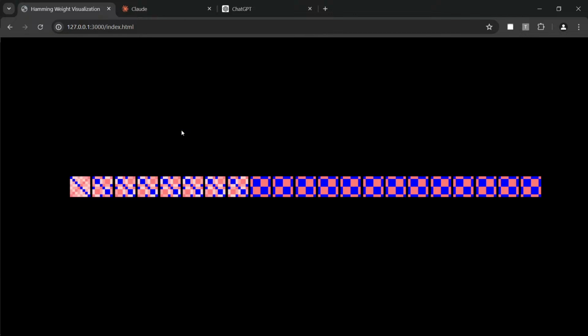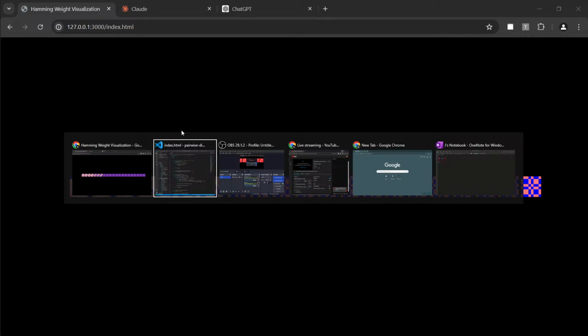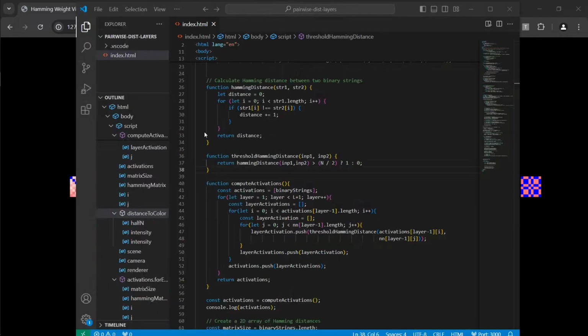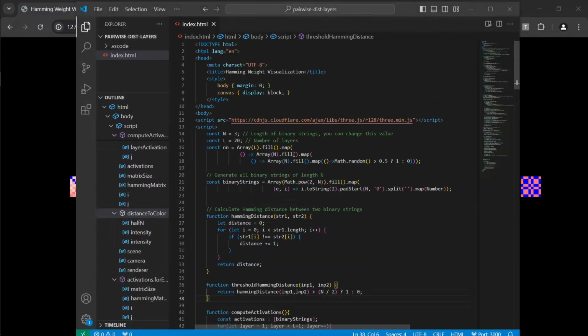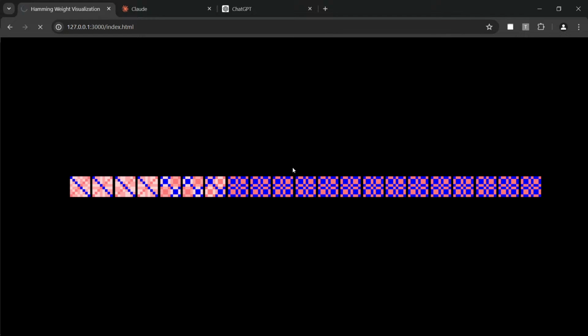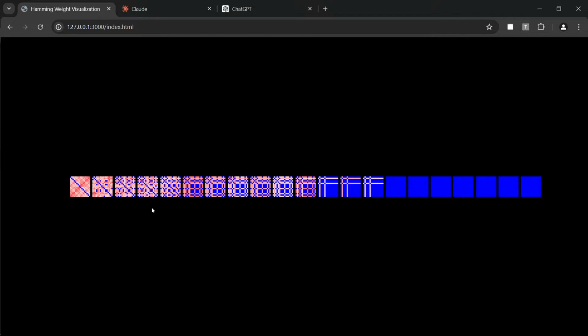Yeah, so I think I'm going to work on the color map first. First, let's go to a higher dimension. 4 dimensions.